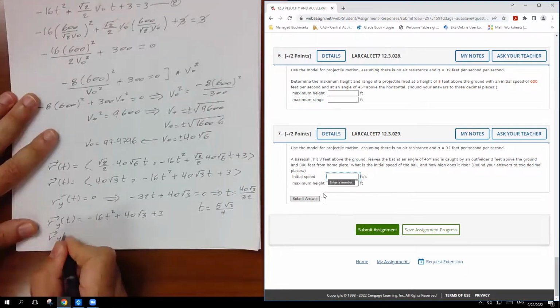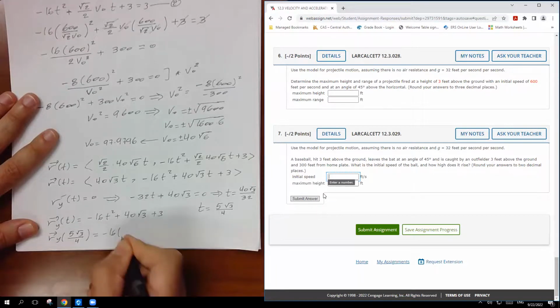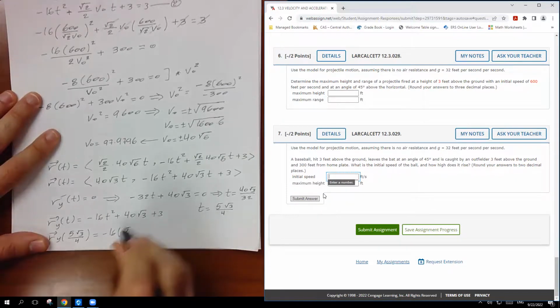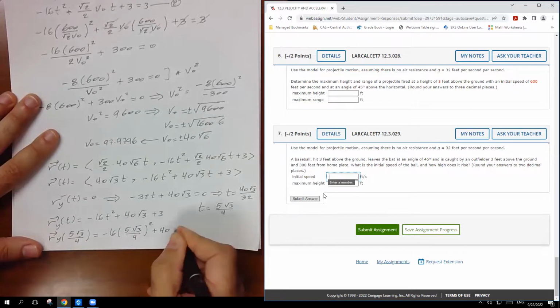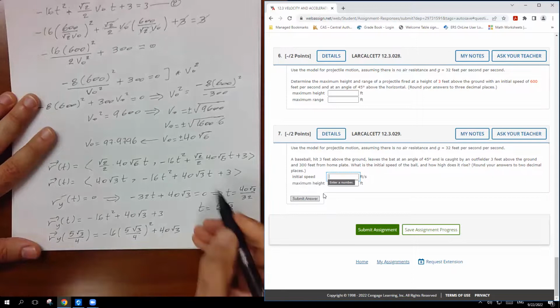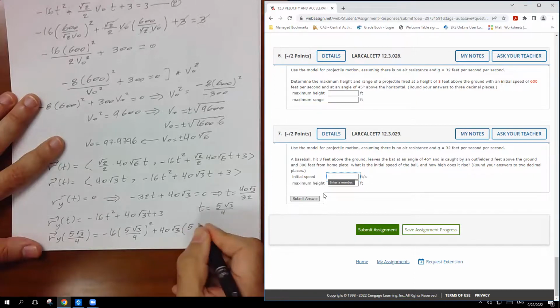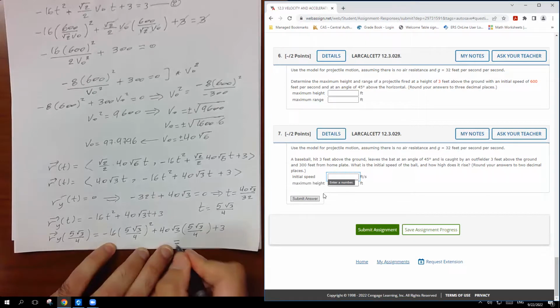The position at the time 5 square root of 3 divided by 4 is going to be negative 16 times 5 square root of 3 divided by 4 squared, plus 40 square root of 3. I forgot the time here. So 5 square root of 3 divided by 4, plus 3.